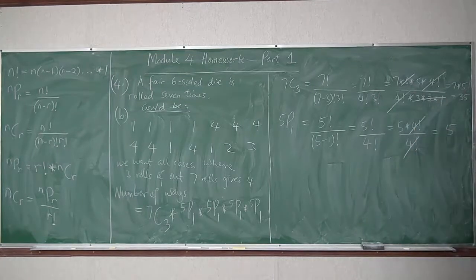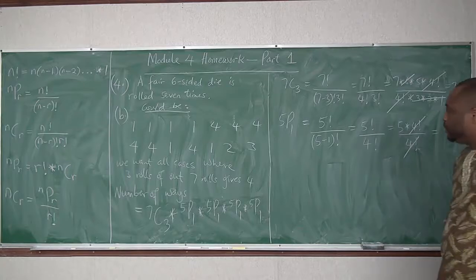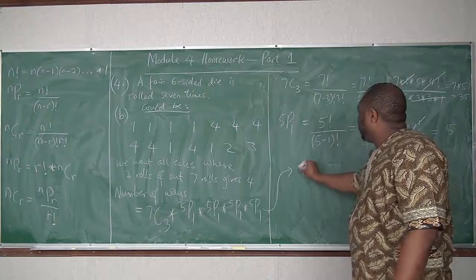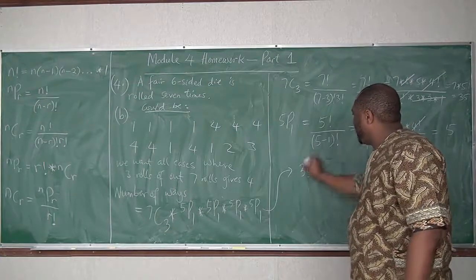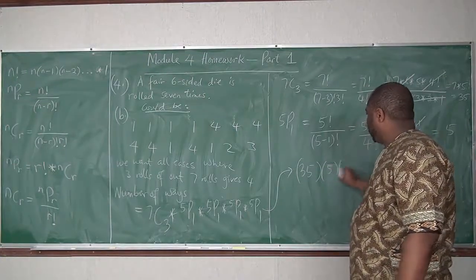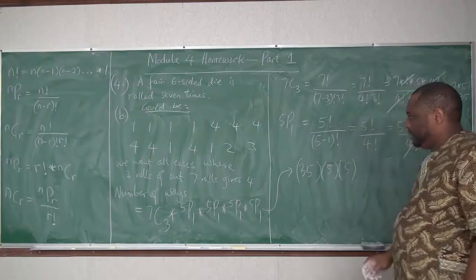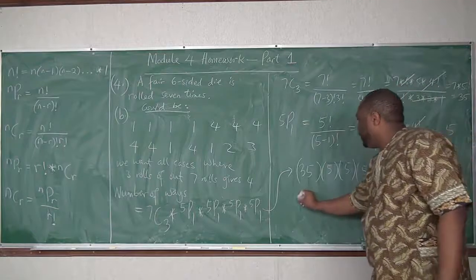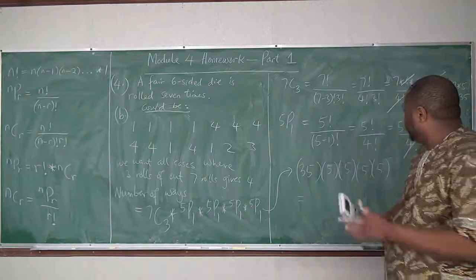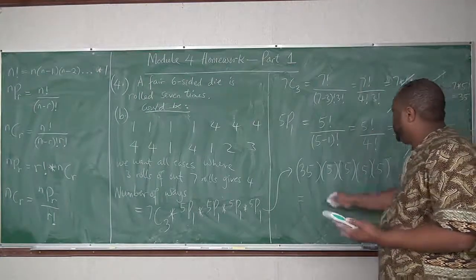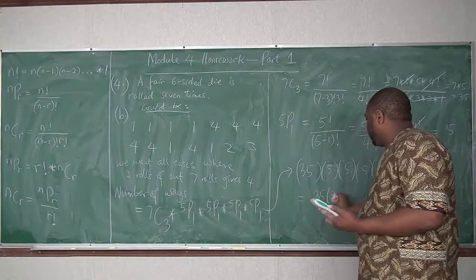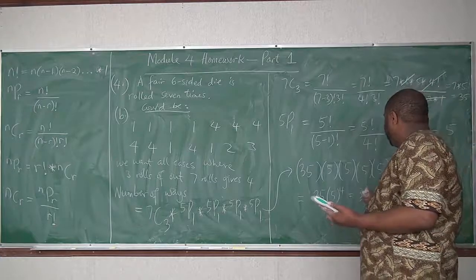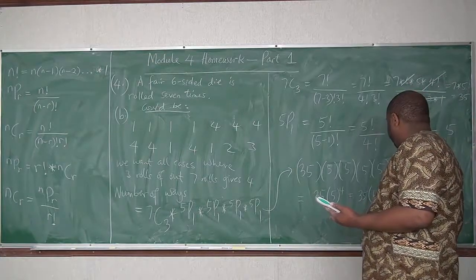So the number of ways is 35 times 5 times 5 times 5 times 5, which is 35 times 5 to the 4, which is 35 times 625.